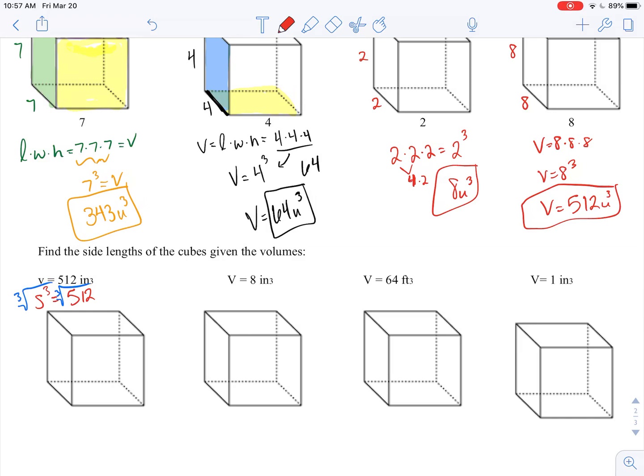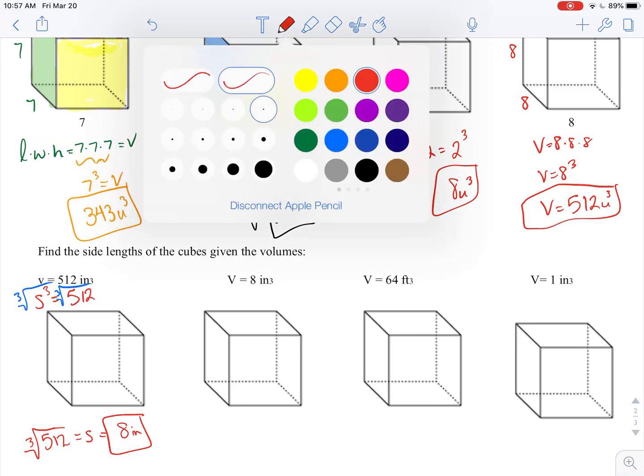So anytime you are finding a side length from the volume, just cube root it. So cube root of 512 equals the side length, which is 8 inches.